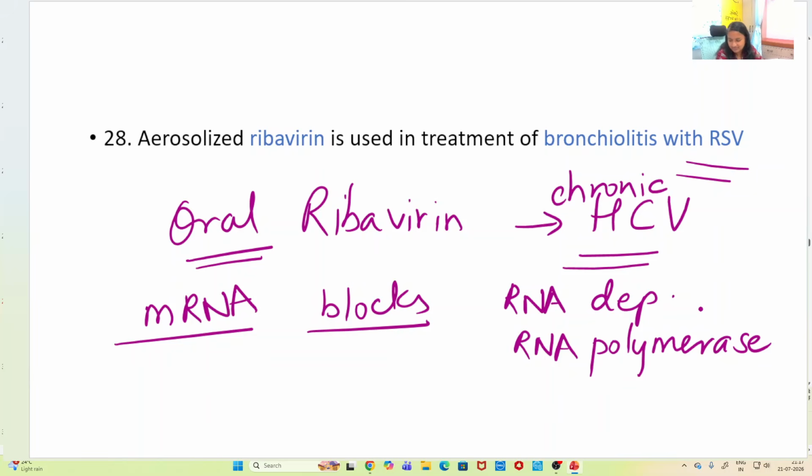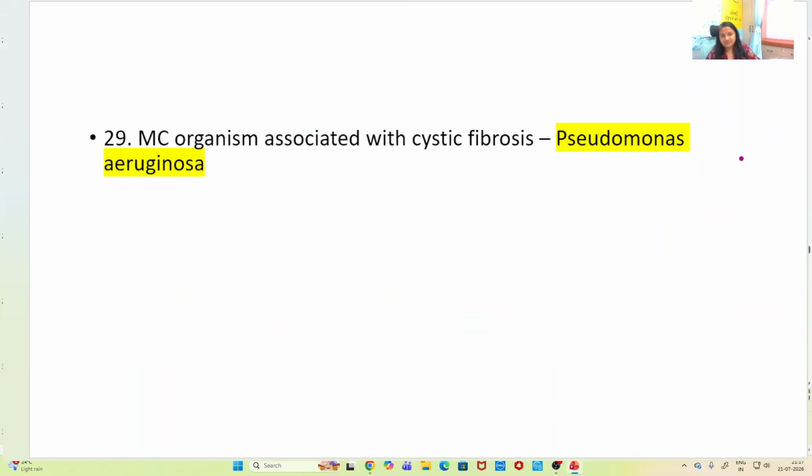So this again you have to remember. This ribavirin is basically a synthetic nucleoside analog, and aerosolized version is used for the treatment of RSV, especially in immunocompromised hosts.